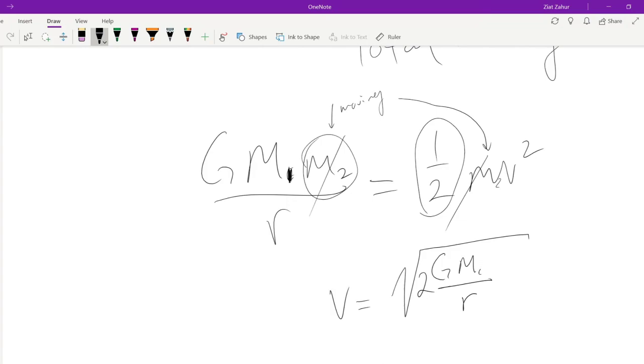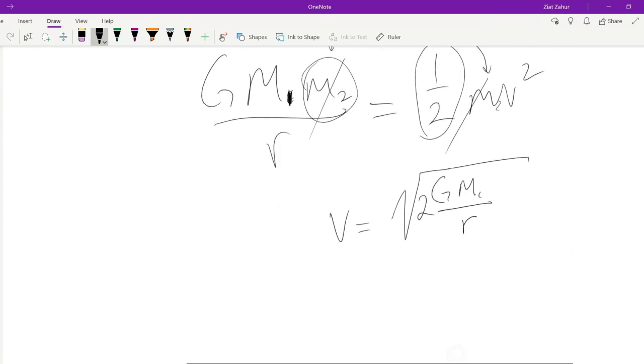Whoa, this looks similar to something, right? Maybe I should split this up, shall we? If I said V is, if I split the radical to square root 2 and square root G m central over R, what do you see?